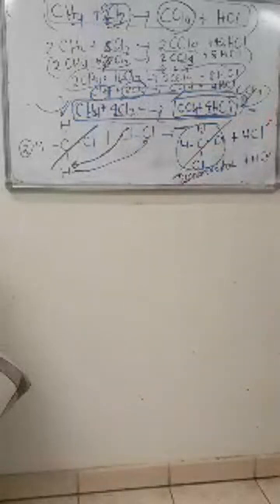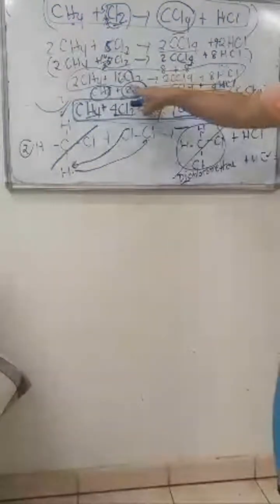Then balance again. Chlorine gas is 16, chlorine 4 is only 8. So, change this with 4.